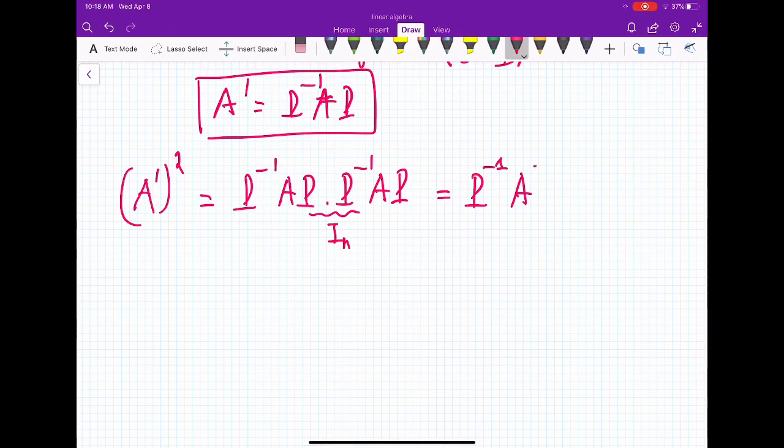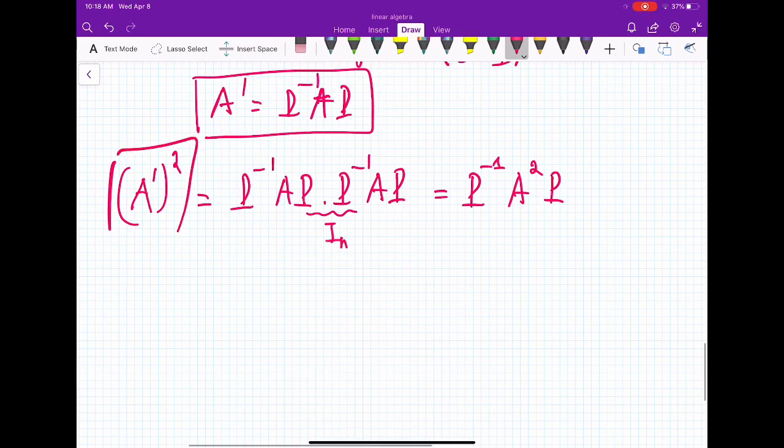So we don't write it, we have P to negative 1 A squared P in here. So basically, if you have two similar matrices, you can apply functional calculus for those matrices at the same time. Makes sense? Like this and this. That is really important in matrix computation. Look at this. Here's a good example, right?